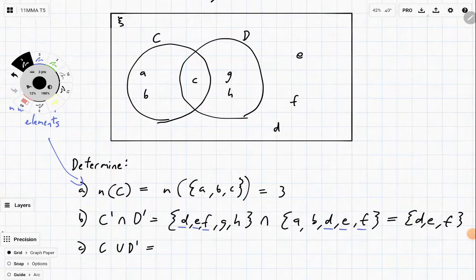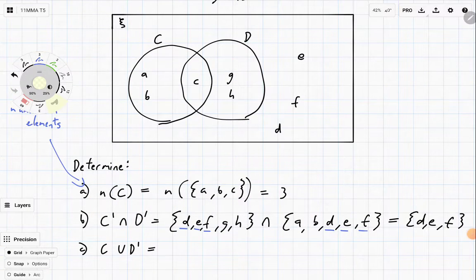Well, if I'm thinking about doing it visually, well, C is this little blob here, and D, let's do it in blue instead. D is going to be this, not D, is going to be this whole space, not including D itself.